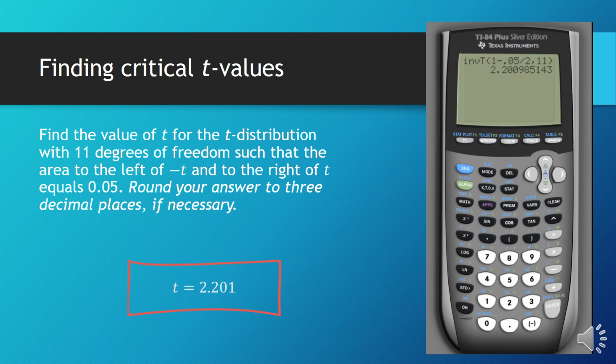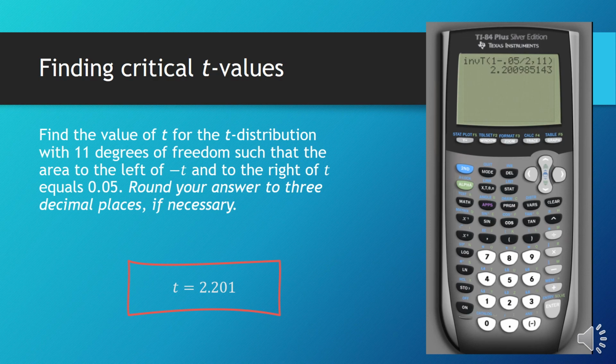Now, you could easily draw yourself a picture and figure this out, if that makes more sense. I typically draw a picture every time I do these problems. So 1 minus 0.05 divided by 2. That's going to tell me the area to the left of that tail on the right-hand side.